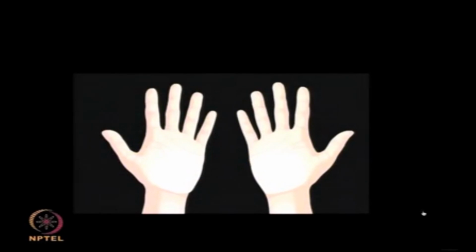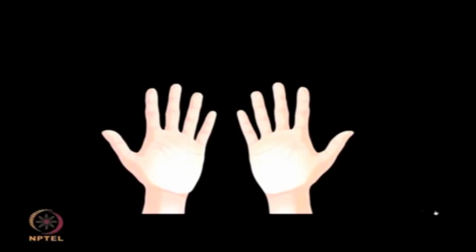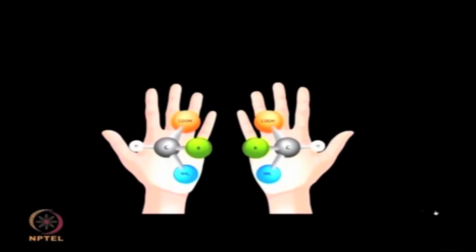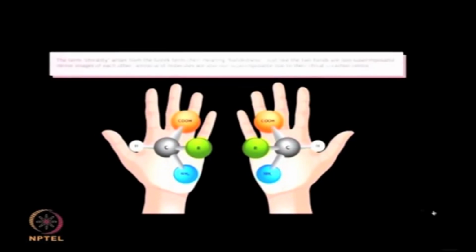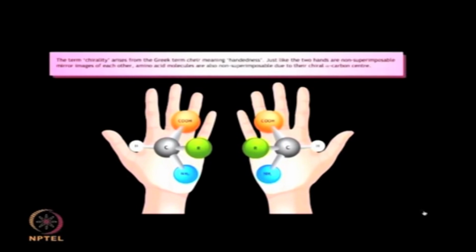Before learning about isomerism, let us first know what chirality is. The term chirality arises from the Greek term chir, meaning handedness. Just like the 2 hands are non-superimposable mirror images of each other, amino acid molecules are also non-superimposable due to their chiral alpha carbon center.